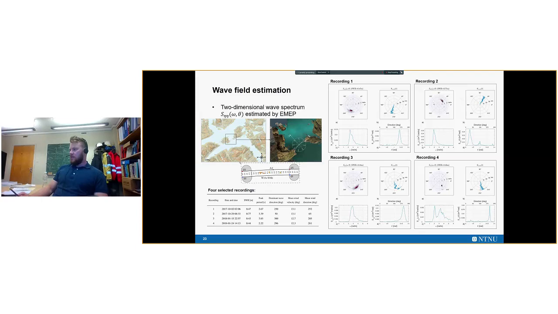In addition, we can see that in the B figures we have the direction of the wind, and we observe that usually the wind direction corresponds to the wave direction. So it signifies that the local wave field at the site is mostly driven by the local wind.